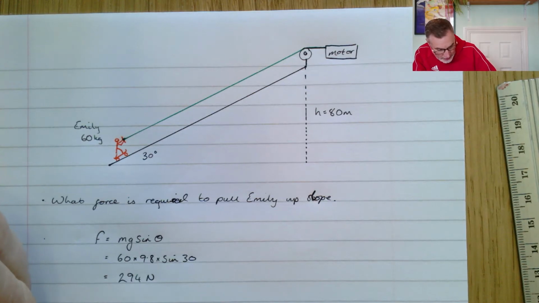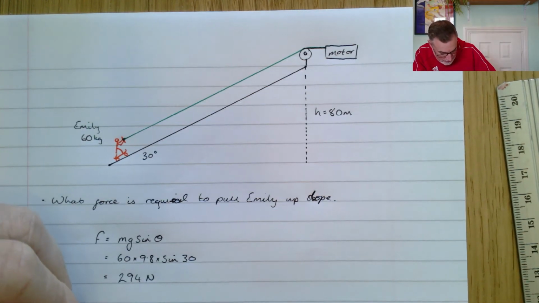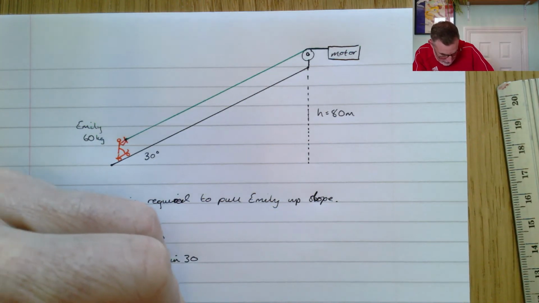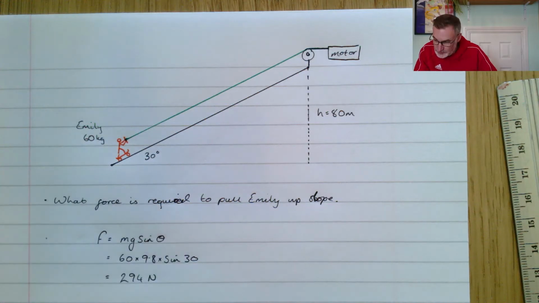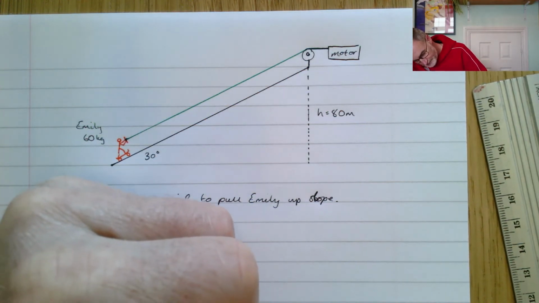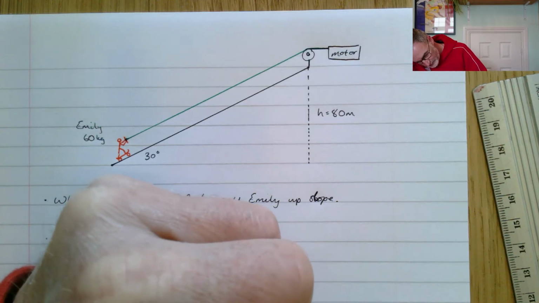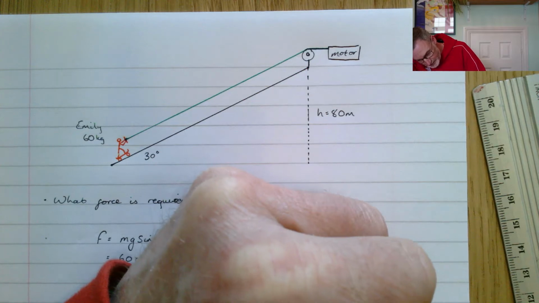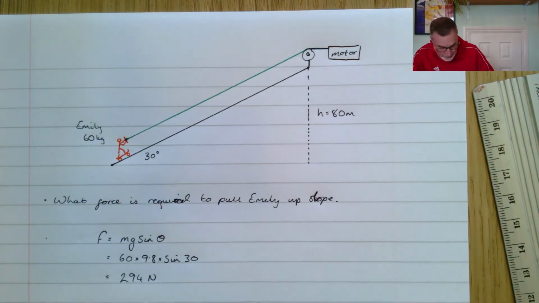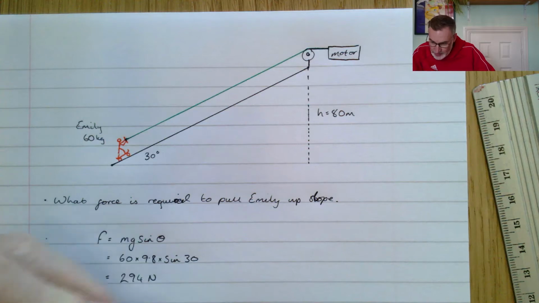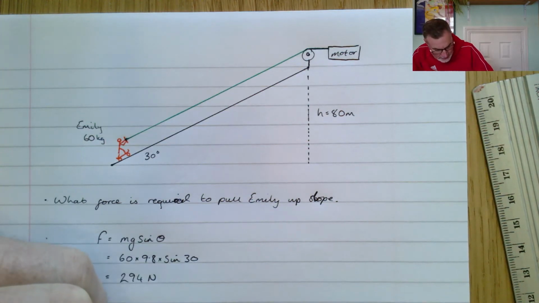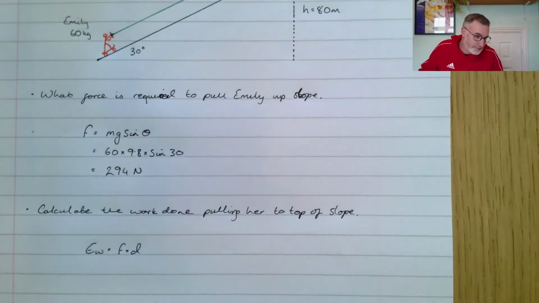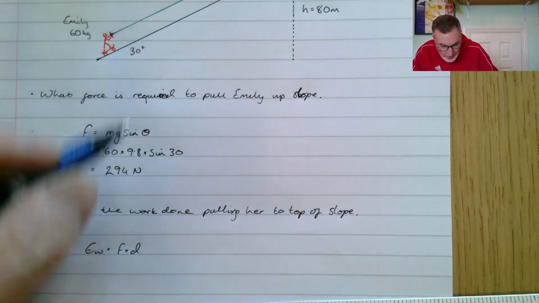Then we can calculate the work done pulling her to the top of the slope. Now we're going to have W is equal to force times distance. Now we need to figure out the distance.